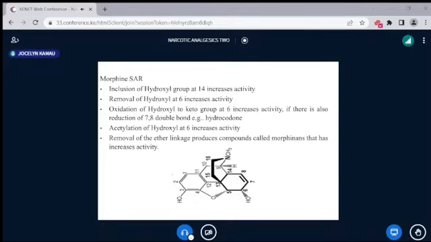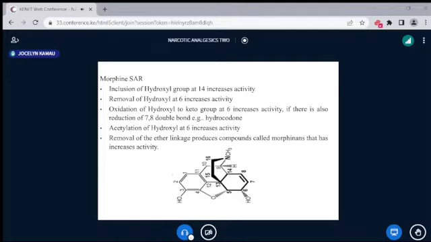Then there is oxidation of the hydroxyl group. You can oxidize the 6-hydroxyl group to a ketone. When you oxidize it to the ketone, you get the ones, the morphinones, the codones, and so on. Remember, one means a ketone. When you just oxidize it and leave the unsaturation at position 7-8, the increase in activity is not as much.